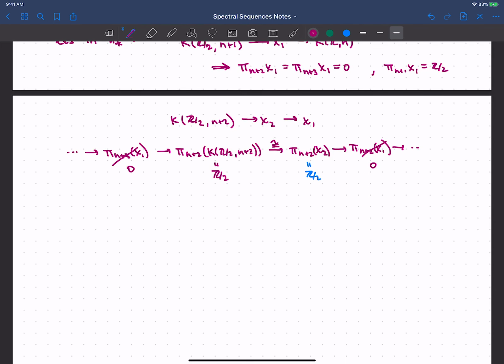So let's collect up all this information. So pi_n of X2 is the same as pi_n of X1. They agree there. Notice that I'll be trapped between zeros because this is only interesting in degree n+2.